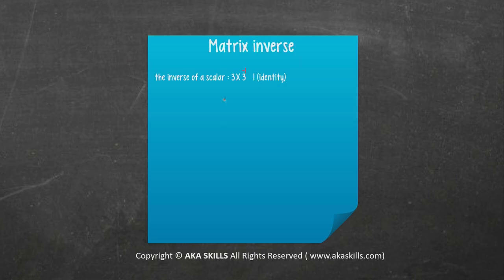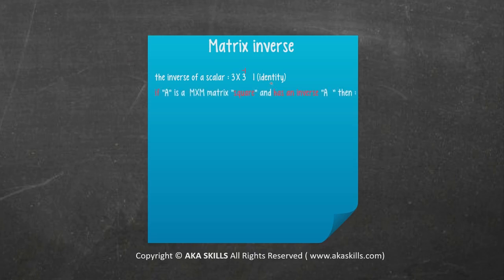When we multiply them together, we have 1. We said that 1 is the identity.